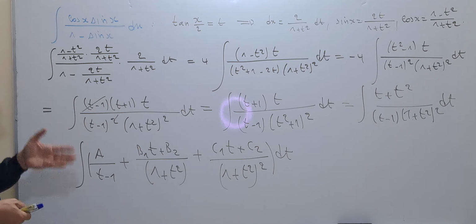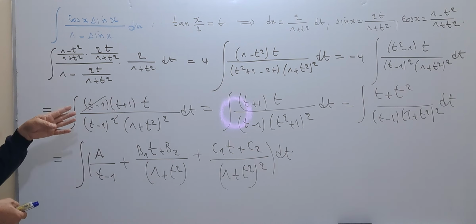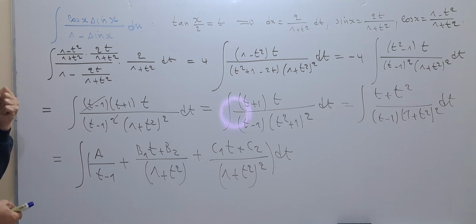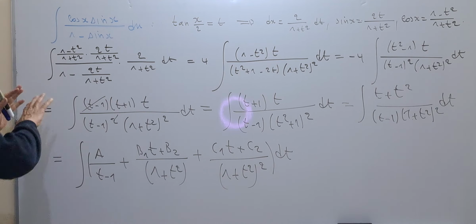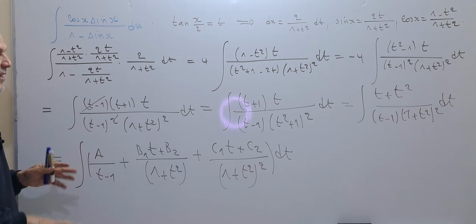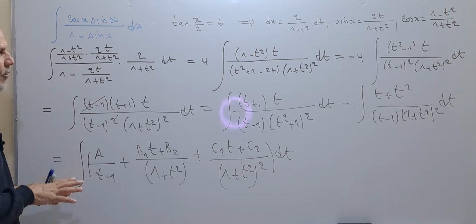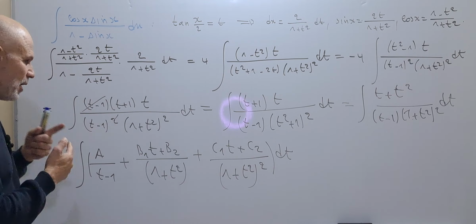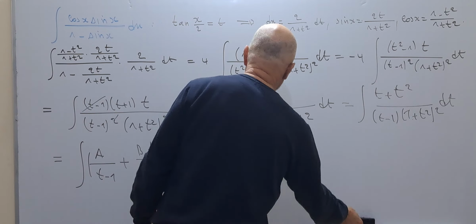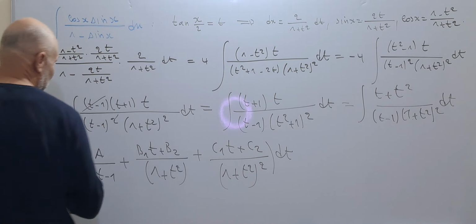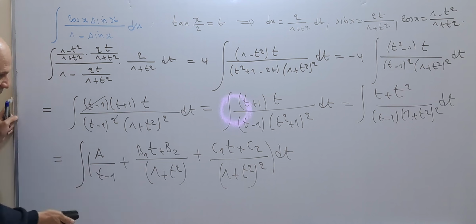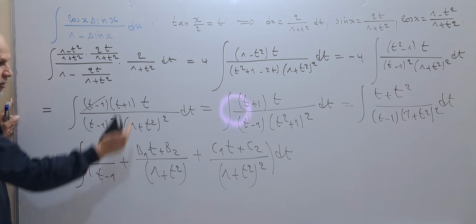But as you see, this is a very long and huge calculation. To avoid this universal and sure method that gives the integral, we can use a different change of variable. Here I didn't finish the calculation.